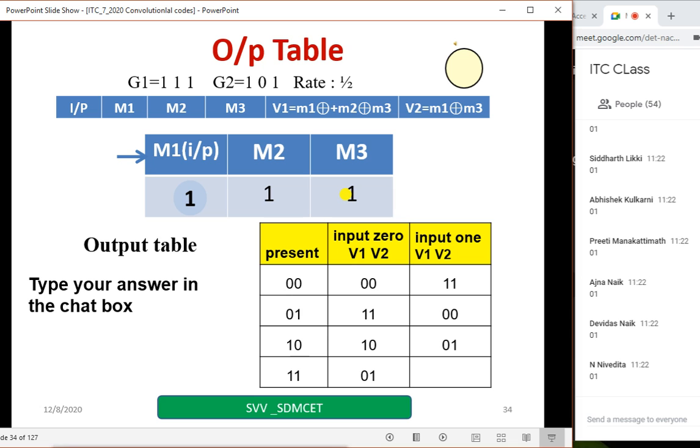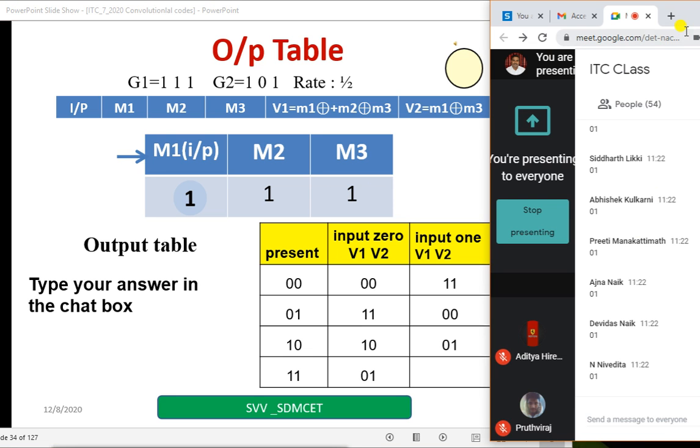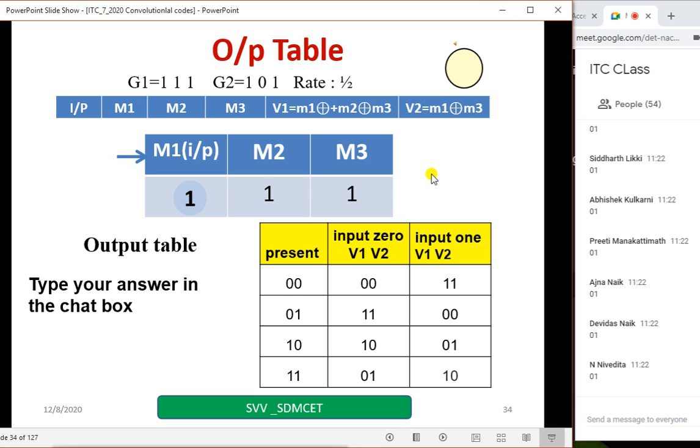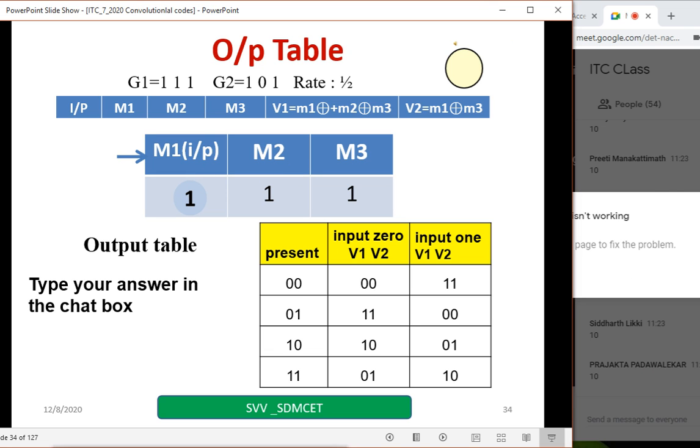That will be your V1 and V2. That is the output. Hope all of you have got the answer. Okay, 0, 1. 1, 0.